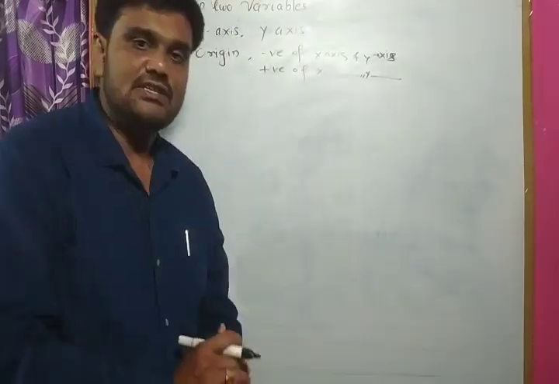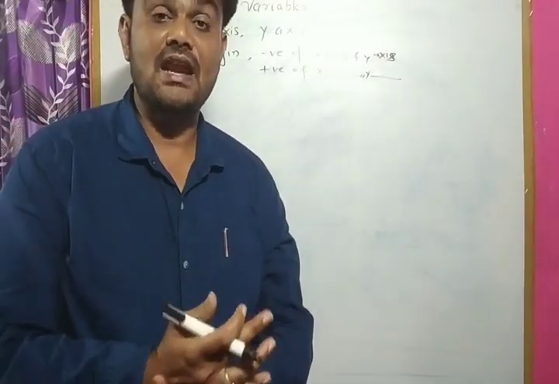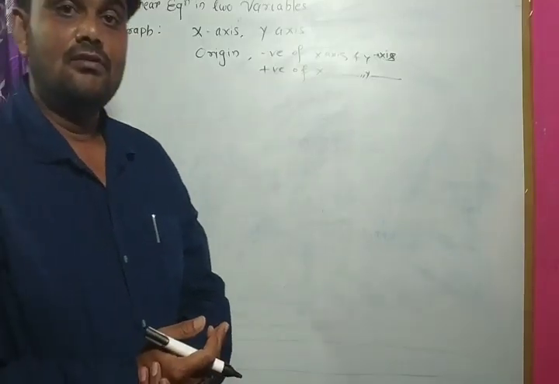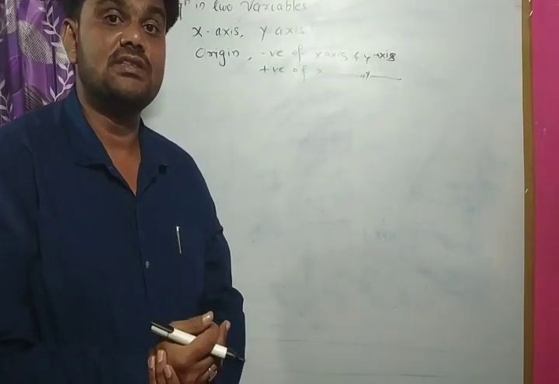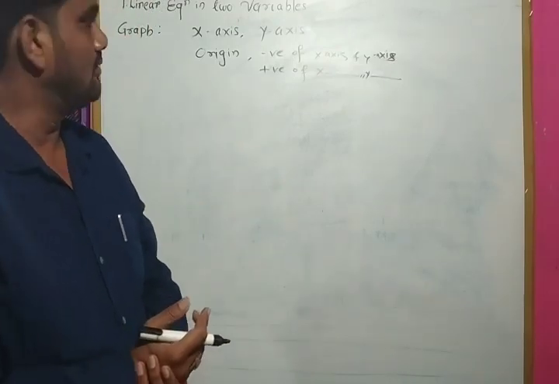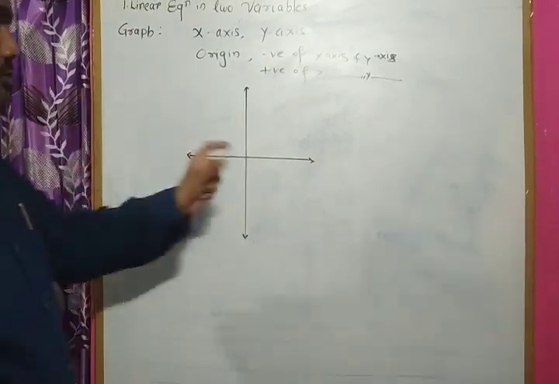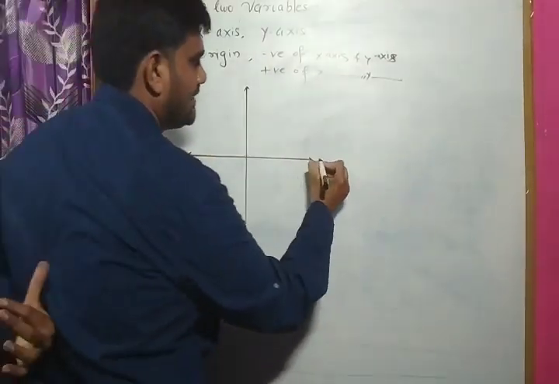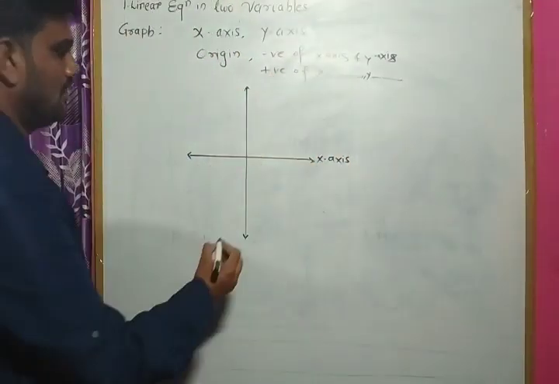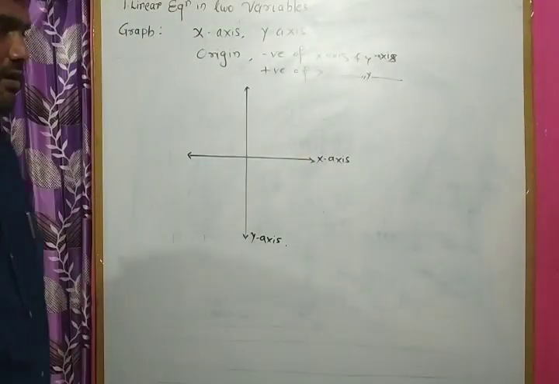Now there is a Cartesian coordinate system. You have to listen and understand it carefully, because graph has very much importance in our mathematics, so we will try to learn this graph. First of all, you know very well that the horizontal axis is the x-axis, right? And the vertical axis is the y-axis.